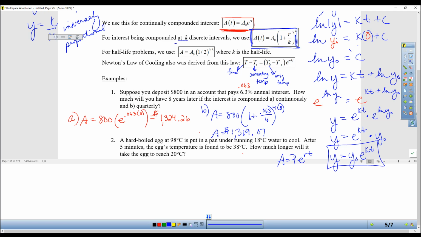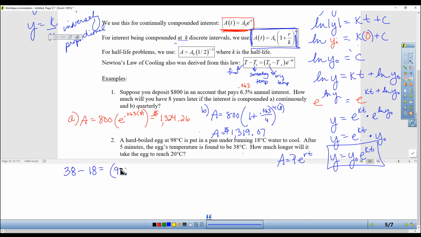K will vary based on what you're cooling. So if you're cooling a pot roast versus an egg, then it makes a difference. So each item that you're cooling has its own unique k. But we can find k because we've already been given one scenario. We know that after 5 minutes, it was reduced to 38. So let's use that. So its final temperature was 38 when it was surrounded by 18-degree water.